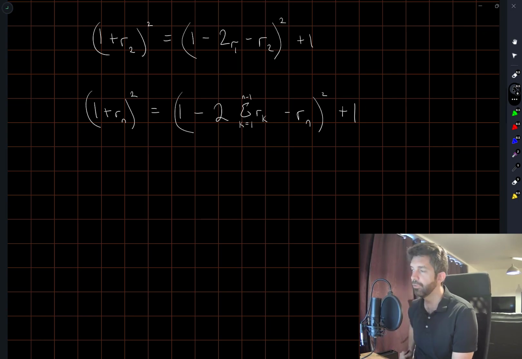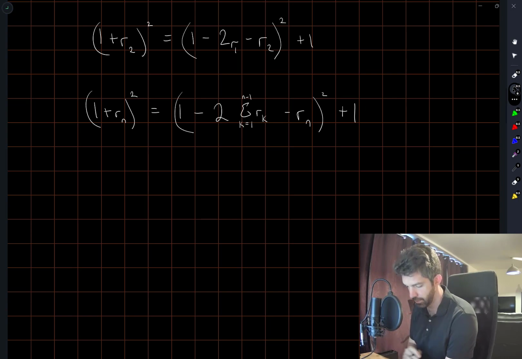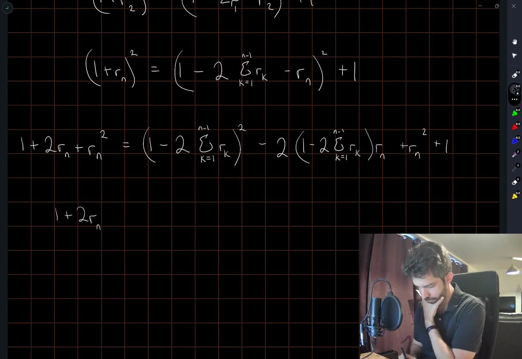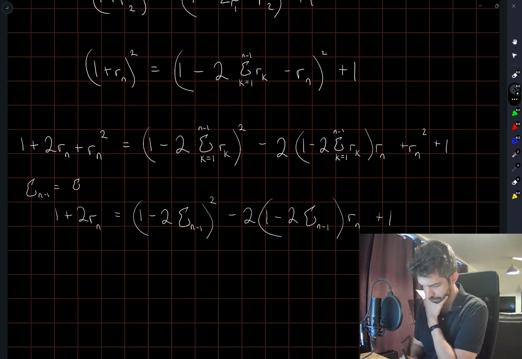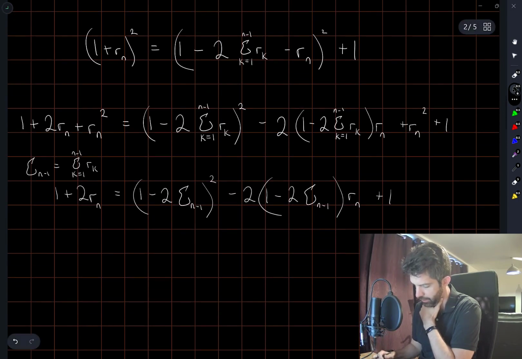So what will this do? This will give me a relation between Rn. When I expand this and solve for Rn, it'll give me Rn in terms of all of the previous radii. So I can write Rn in terms of this sum of other terms, but it doesn't really give us a nice formula.